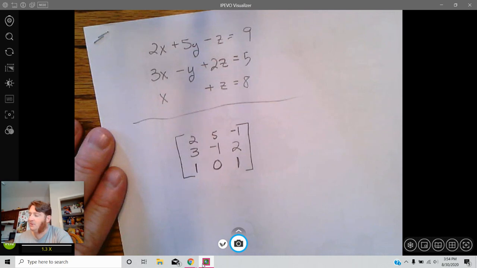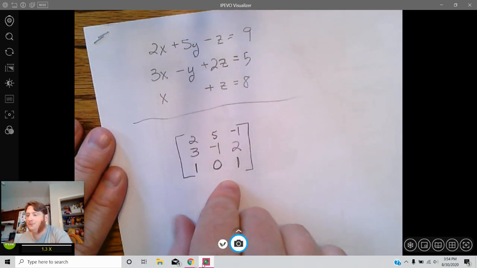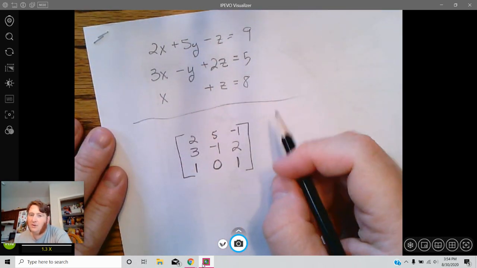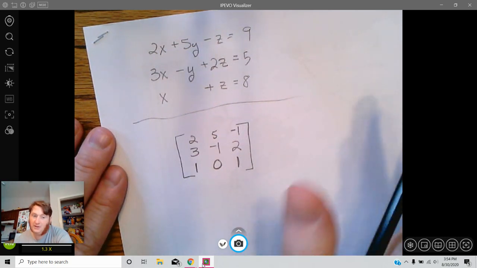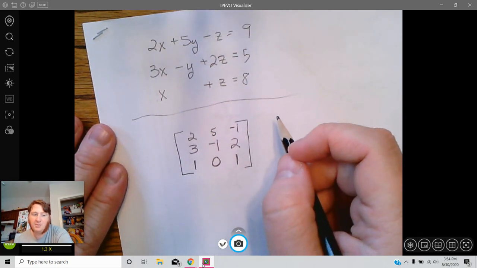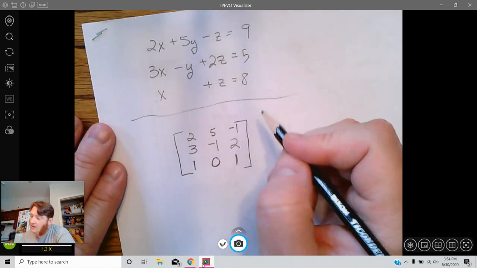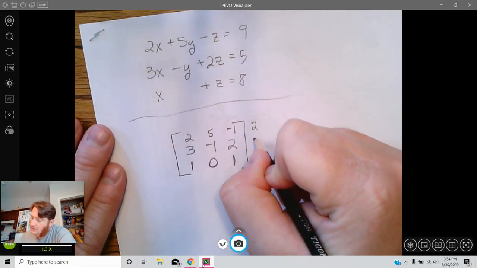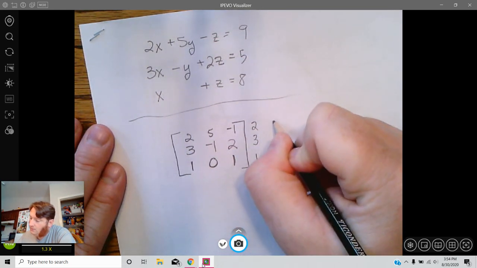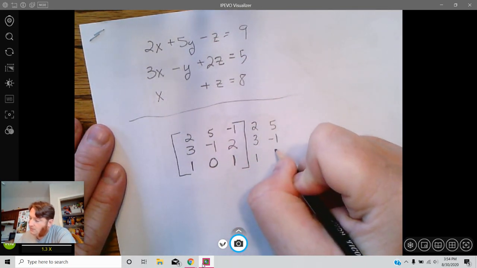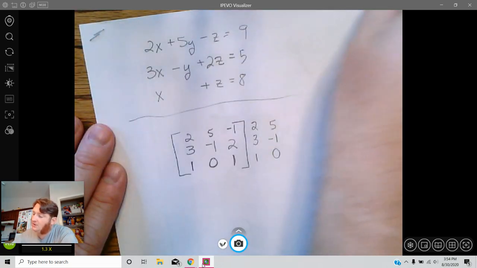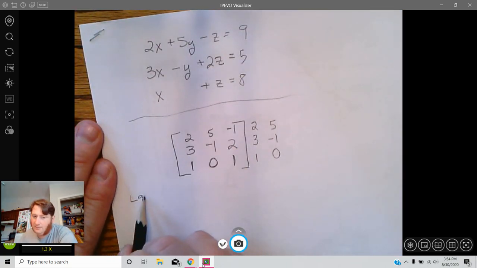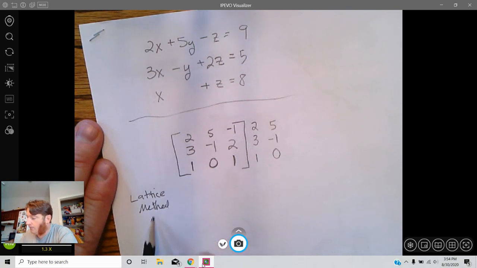All they expect you to do is be able to find this determinant. To find the determinant of a 3x3 matrix, there's more than one way to do it, but the way that MyLabs Plus offers as a hint is to copy the first two columns and then you do what's called a lattice method. And this only works for 3x3 determinants.